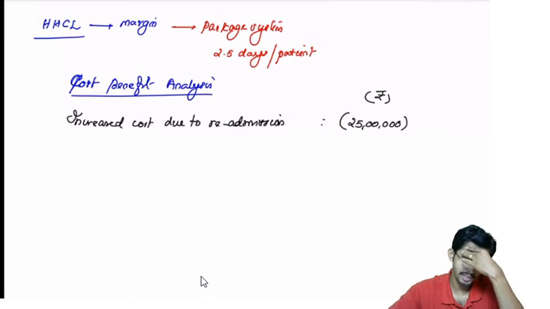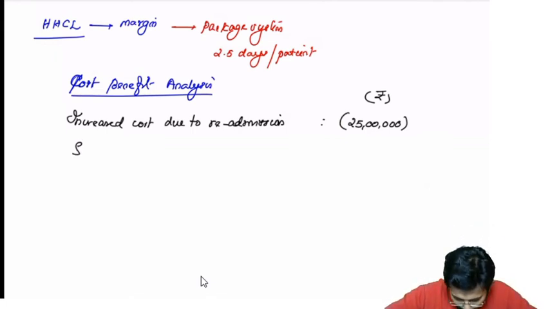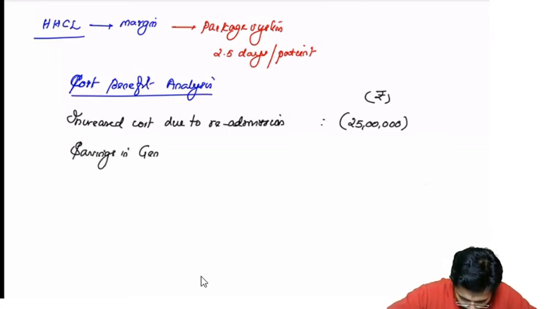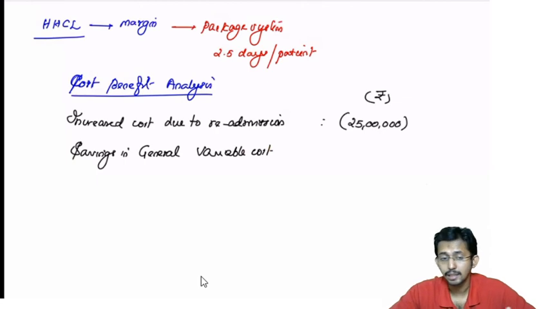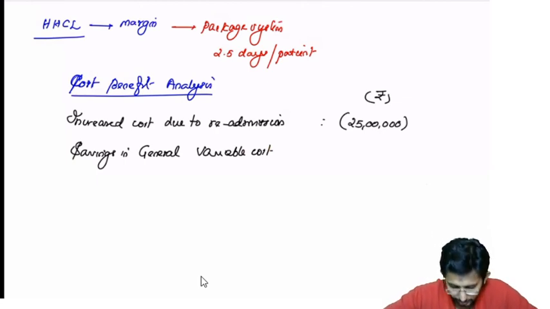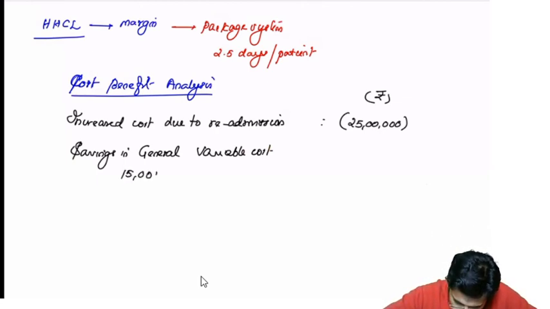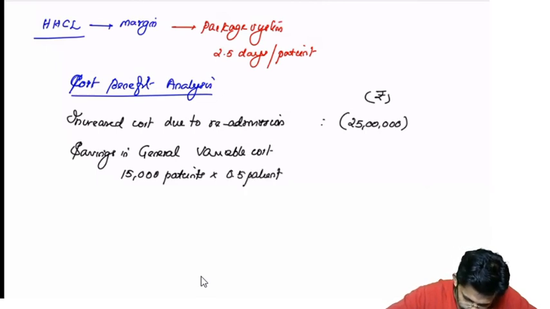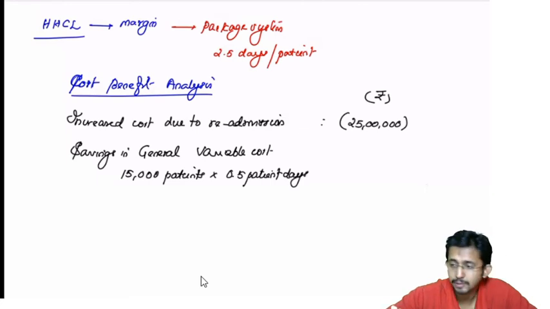Then what is the benefit? Benefit, savings in general variable cost. What is the likely savings? They say that there will be 15,000 patients, and reduction in patient day is 0.5 patient days. Okay, then what is the cost per day?